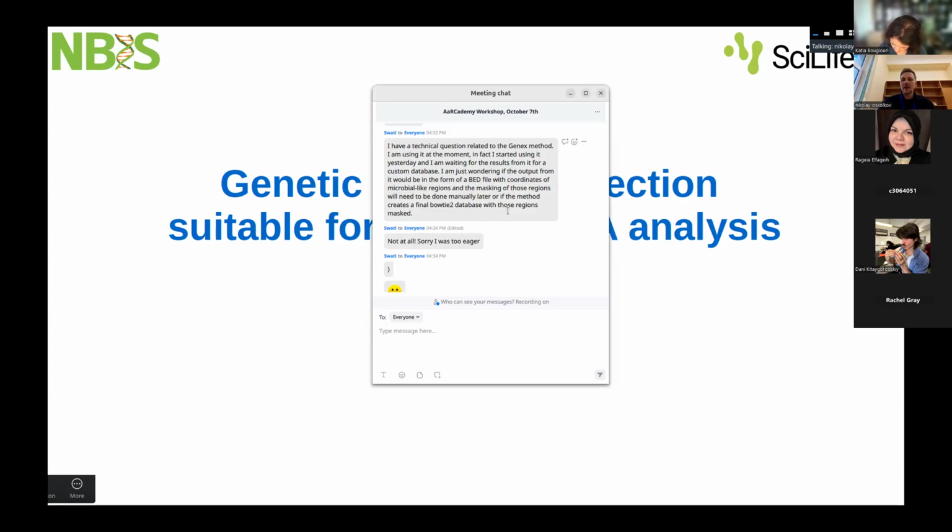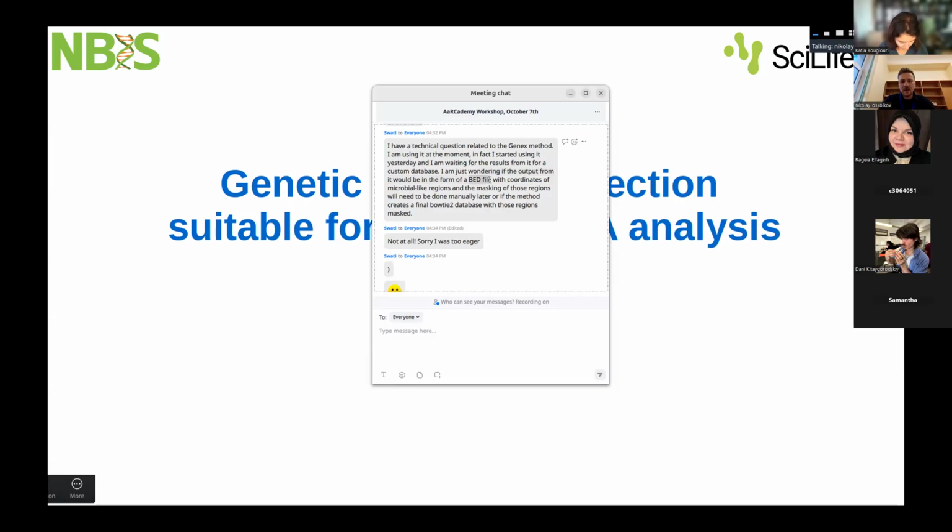Unfortunately, it's only the bed file. But there is a very easy way to mask any FASTA file with, sorry, what is it called? Bedtools. I think it's bedtools. You can use it for quick masking of a FASTA file.